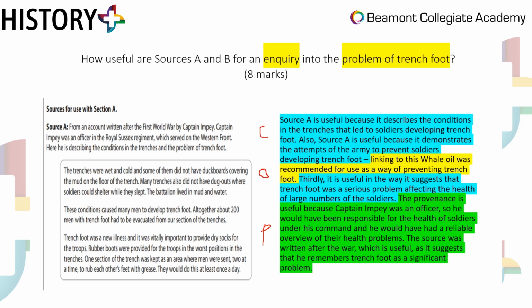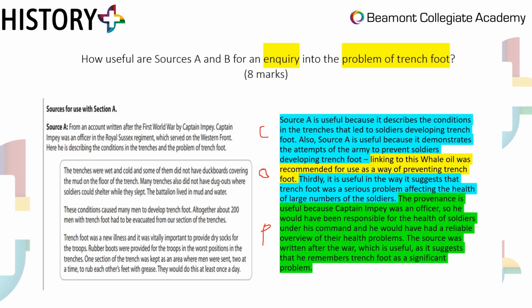So source A is useful because it describes the conditions in the trenches that led to soldiers developing trench foot. Also, source A is useful because it demonstrates the attempts of the army to prevent soldiers developing trench foot. Own knowledge: linking to this, whale oil was recommended for use as a way of preventing trench foot. Thirdly, the content is useful in the way it suggests that trench foot was a serious problem affecting the health of large numbers of soldiers.